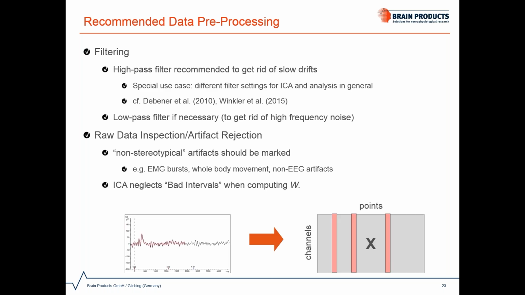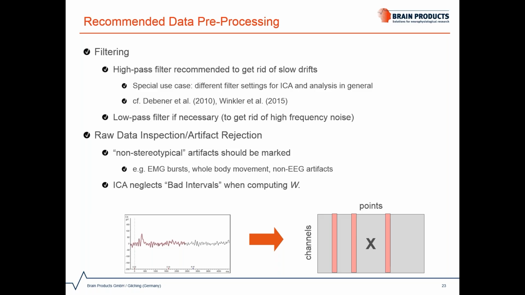Therefore, the recommendation is to mark the non-stereotypical artifacts that you are not interested in as bad intervals. This can be done with either raw data inspection for continuous data or artifact rejection for segmented data.